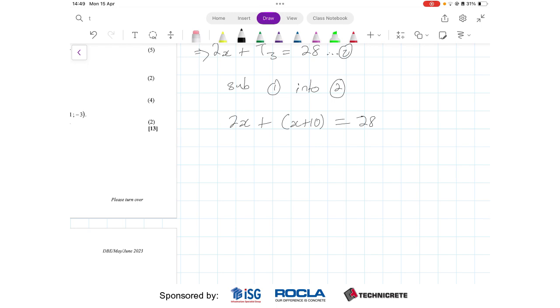Working this out, this will give us 3x plus 10 equals 28. What's 28 minus 10? That's 18, such that x is equal to 18 over 3. x is equal to 6. We have found our value of x.